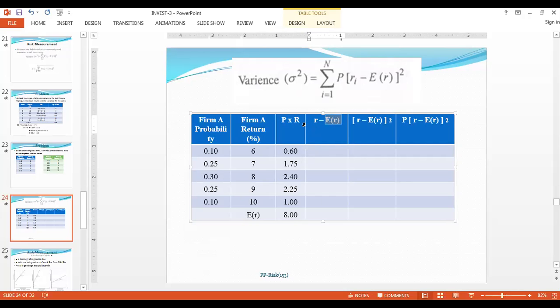And this R that you can see is your returns. Now you have to subtract those particular values from 8. How will you do it?